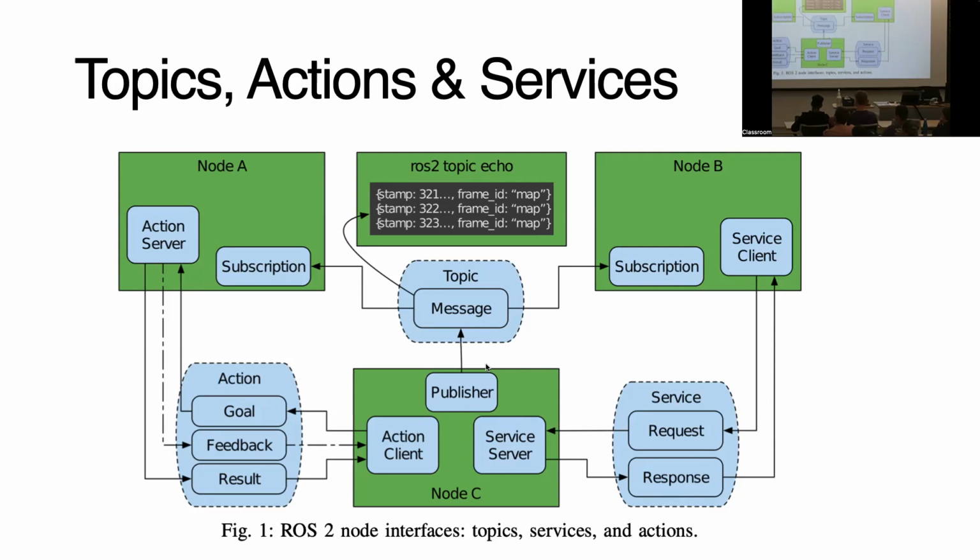There's also something called an action, right? With an action, you send a goal message, you receive a feedback message and a result message. So it's basically just a way to structure the messages based on what they are, whether you're doing an action, whether you're just monitoring a topic of data, or whether you have some service where you're requesting something to happen and then receiving a response.